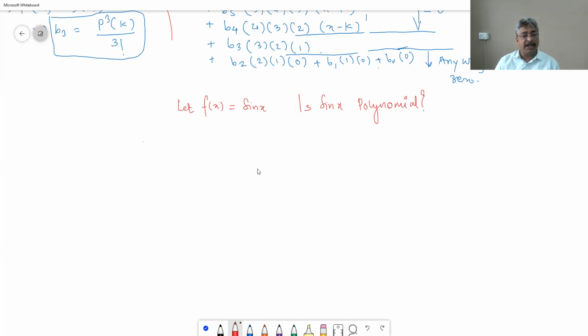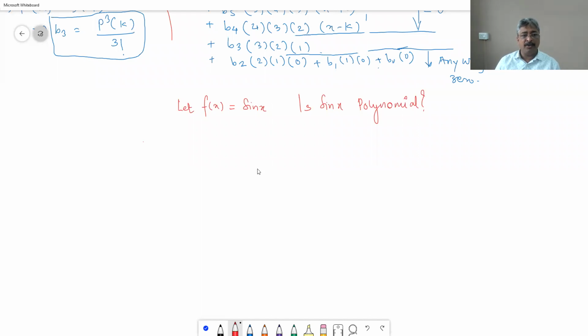Polynomials, when you start differentiating, because they have degree n, which is a finite number, after n differentiations, n derivatives, you get 0. It has something to do with the degree of that polynomial. Whereas sin x, if you keep differentiating several times, need not become 0.